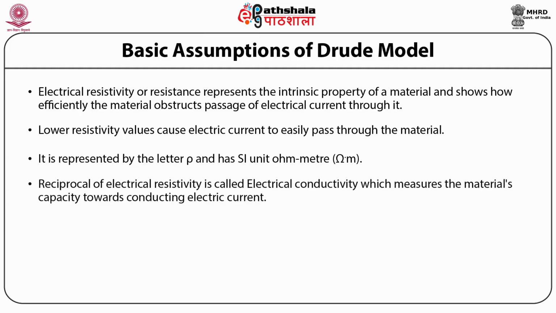The reciprocal of electrical resistivity is called electrical conductivity, which measures the material's capacity for conducting electric current. It is represented by sigma and has SI unit Siemens per meter.